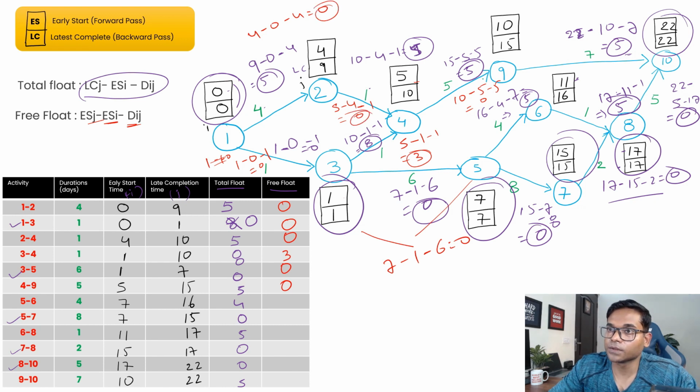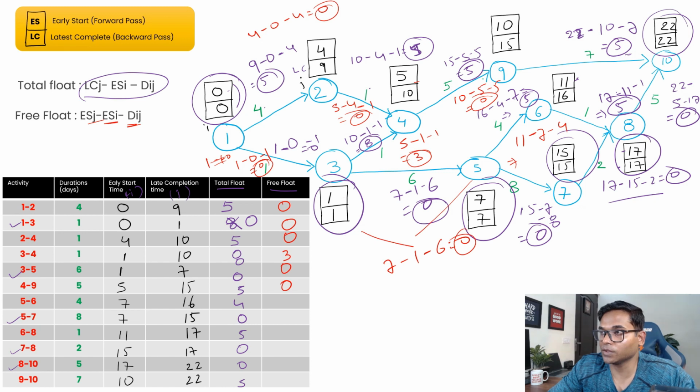So let's round it so that we know what we calculated. Then let's go to 5 to 6. Now 5 to 6 is what? This one and then this one. So 11 minus 7 minus 4, right?